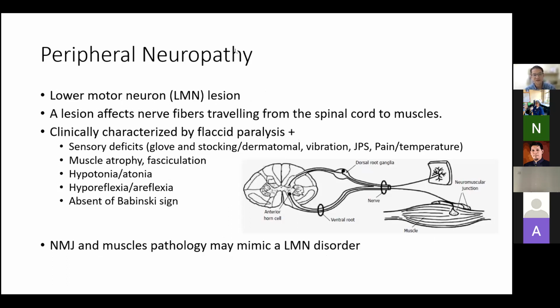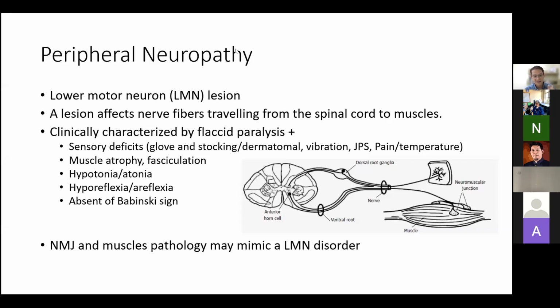Peripheral neuropathy is characterized by a lower motor neuron lesion. It's simply a lesion that affects the nerve fibers that travel from the spinal cord to the muscles. This is why some mimics of muscle disorder and neuromuscular junction disorder might appear exactly the same as peripheral neuropathy.